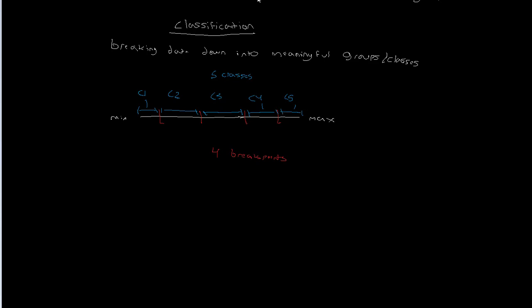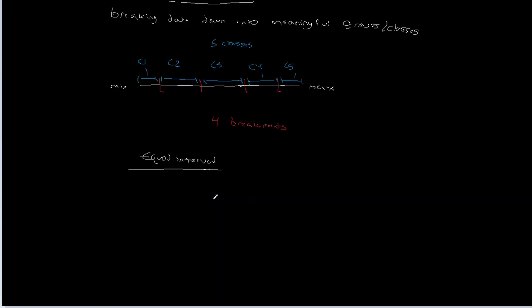So let's go ahead and jump into the first method, which is going to be equal interval. Equal interval is probably the easiest and most straightforward classification method because all we're doing is breaking data up so that each class has the same range.